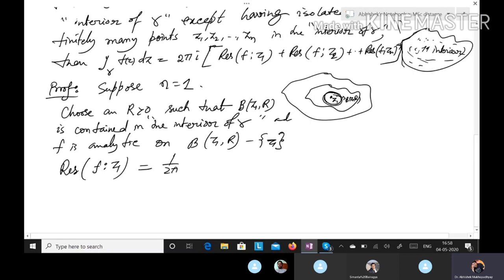That is, 1 by 2 pi i, the integral over gamma_R of f(z) dz, where gamma_R is centered at z1 with radius capital R.